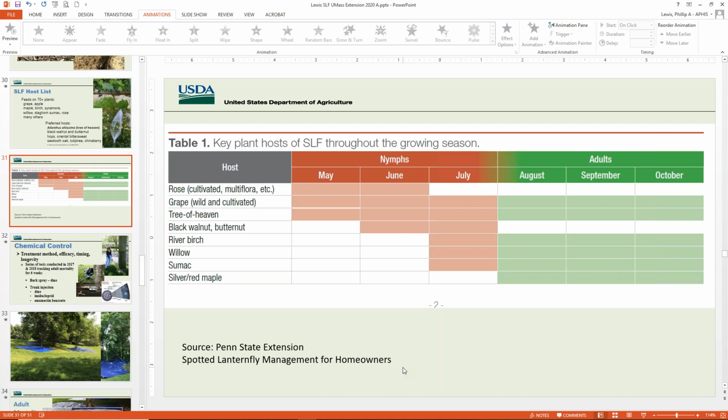Thank you, Phil. Let's see. Another question from Marlene. If adult spotted lanternflies leave, do they return to the same trees the next season? That's an excellent question. That was something that I looked at in that TARP study from 2017 and 2018, when I realized that the trees that were super attractive the first year were also the ones that were very attractive the second year.